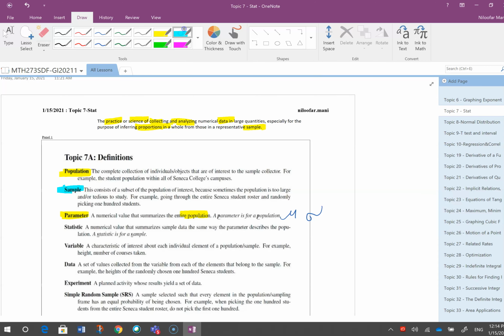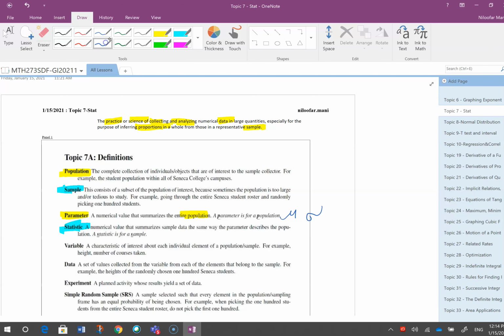A statistic is when you are working with a sample, as I said there. So it is a property, something related to the sample, a numerical value for the sample.